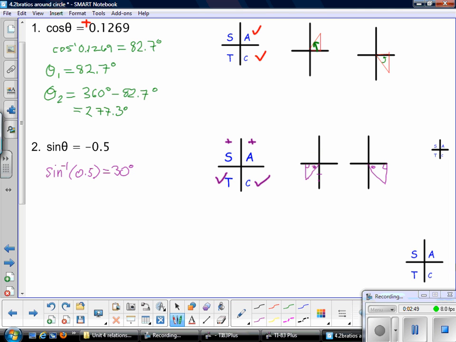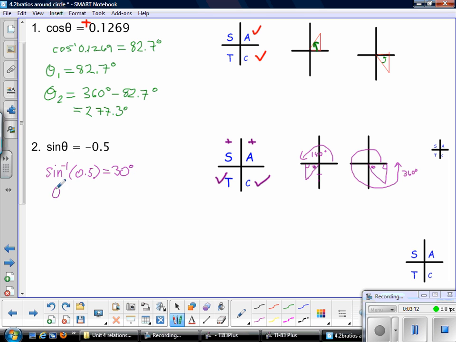Okay, so how would I get this first theta? Well, the first theta is going to be 180 degrees because from here to here is 180. And then I would add my 30. And this one here would be 360, take away my 30. So that's how we're going to get our two thetas.